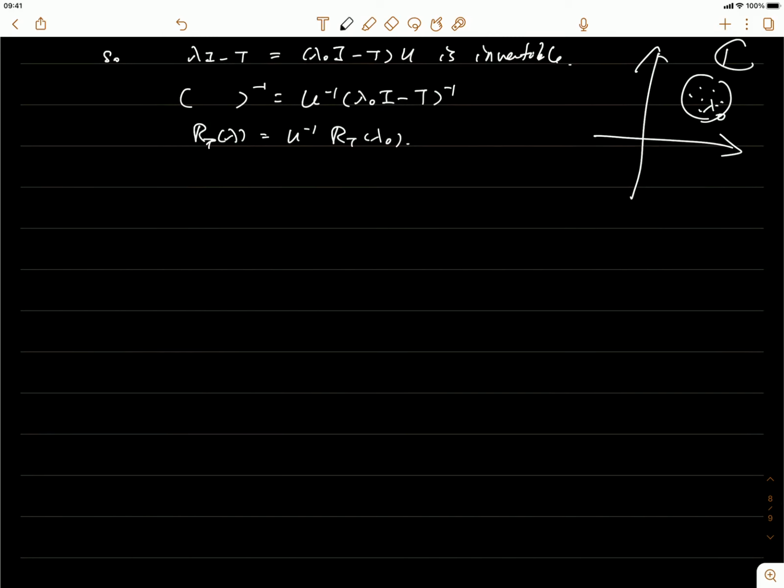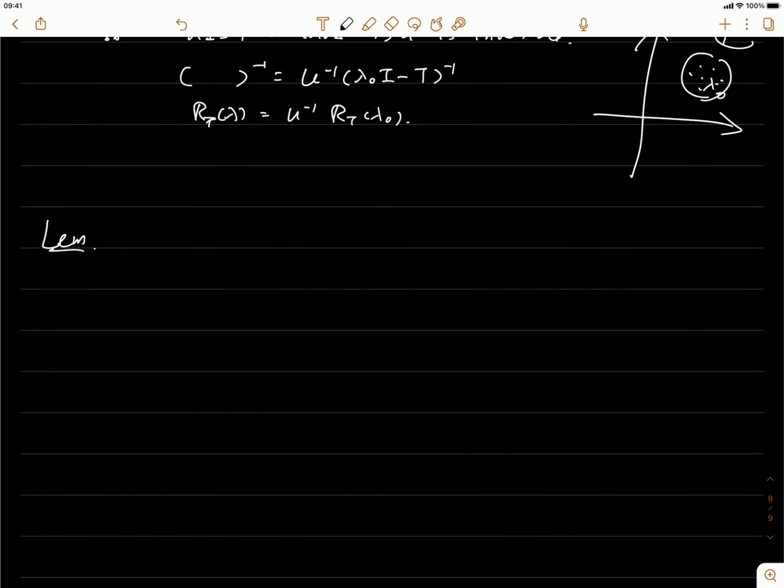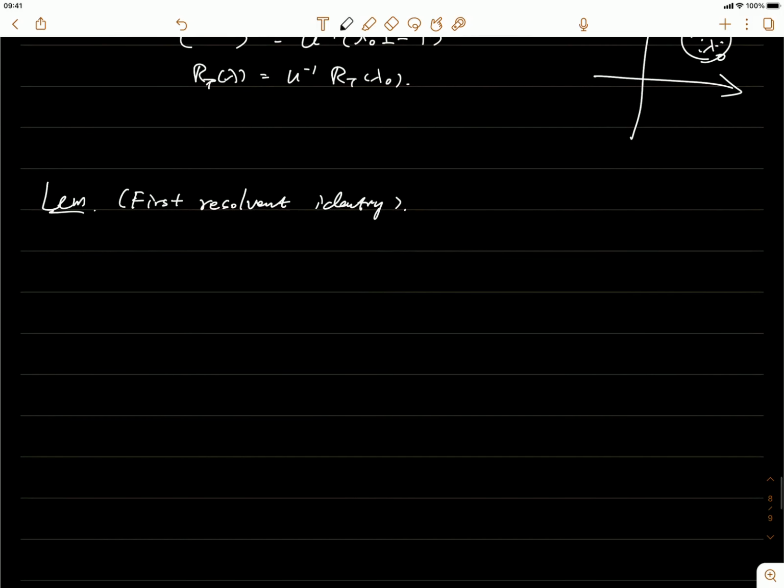Okay. Another fact about the resolvent identity. We are talking about the first resolvent identity, but there's also a second one, which we're not using now. It gives a very simple relationship between the resolvents at two different points.